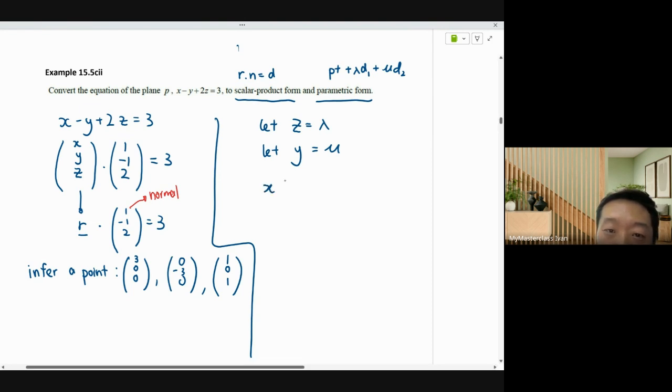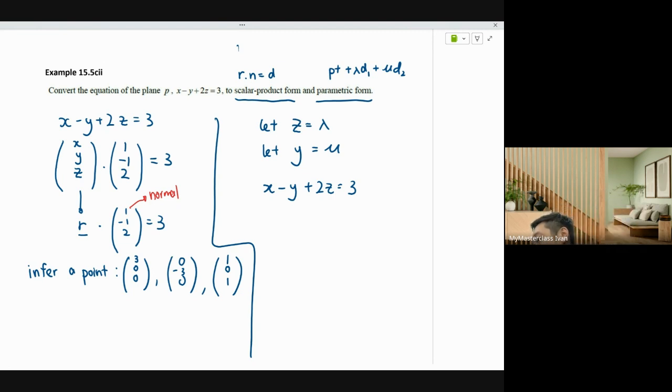So I will have x minus y plus 2z equals 3.